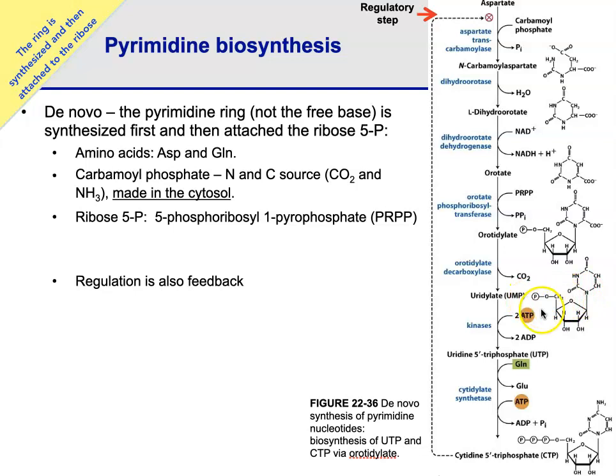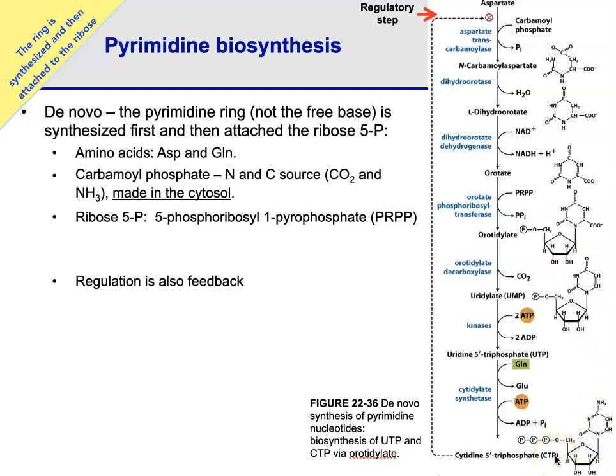Uracil monophosphate then is phosphorylated to form uridine 5'-triphosphate, or UTP. Then glutamine, so we made UTP. Glutamine is used with the help of ATP to exchange this oxygen with an amino group, and now we formed CTP.